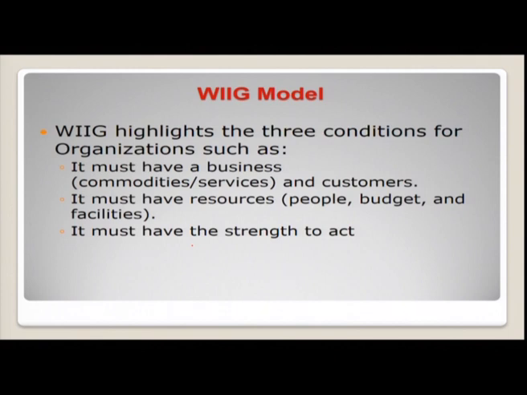The second condition states it must have proper resources. What are the resources? People, proper budgeting, funding, and to implement you need to have such facilities. The third condition determines it must have the strength to act.